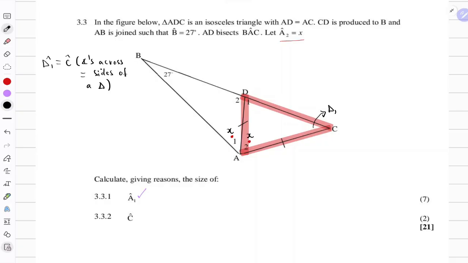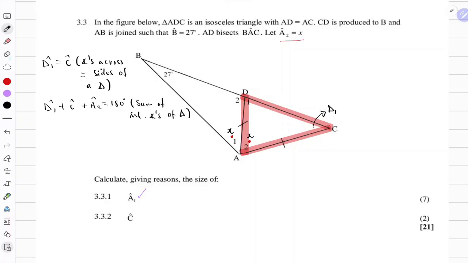So now we can use the sum of interior angles of a triangle to express D1 in terms of X. So we can say D1 plus C plus A2 is equal to 180 degrees, and this is because of the sum of interior angles of a triangle.